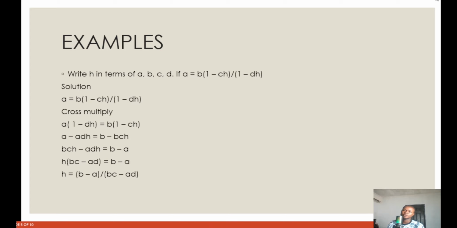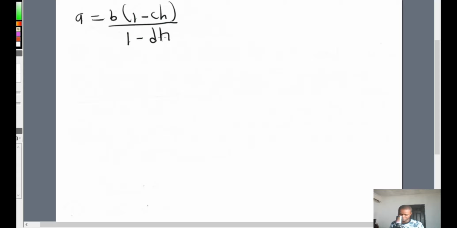If we want to make h in terms of the other variables, what does it mean? We are asked to make h in terms of a, b, c, d, which means that if a is the whole formula, in our answer we are going to have the likes of a, b, c, d. So how do we go about this?